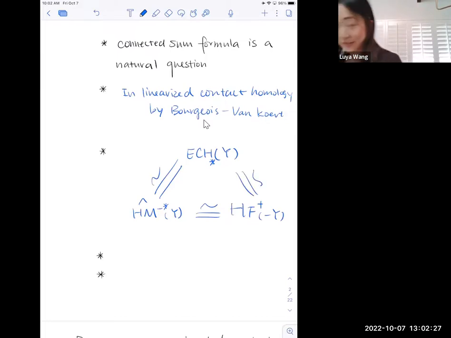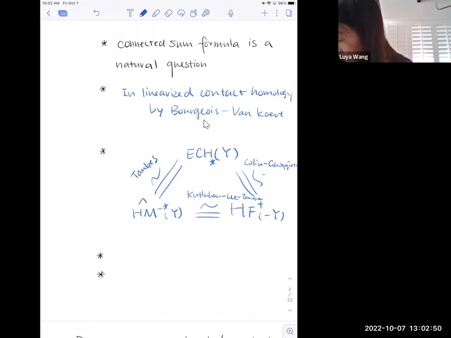Right, so if you're an expert, you can probably already guess what the punchline is, but I hope you'll still stay with me. This is work by Taubes. This is work by Kutluhan, Lee, and Taubes. And this is by Colin, Ghiggini, and Honda.